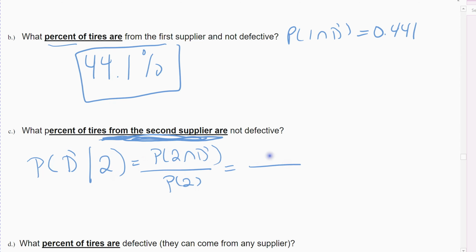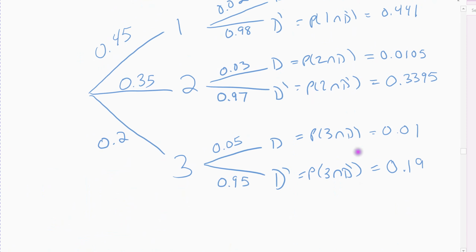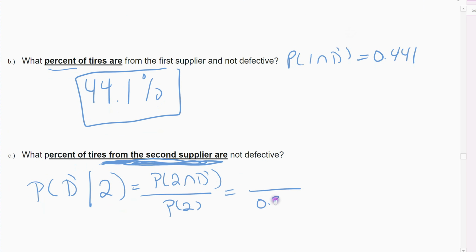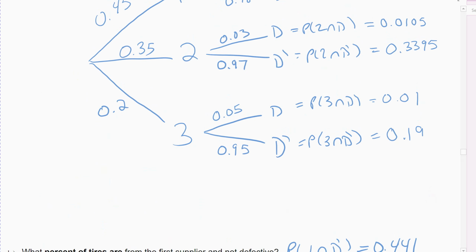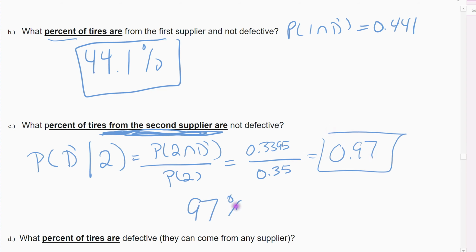The probability you got a tire from the second guy was 0.35, and the probability it was the second guy and not defective was 0.3395. That's the conditional formula. Given the second supplier, what's the chance it gives me a non-defective tire? I divide that out and it comes out to 0.97, which as a percent is a 97% chance.